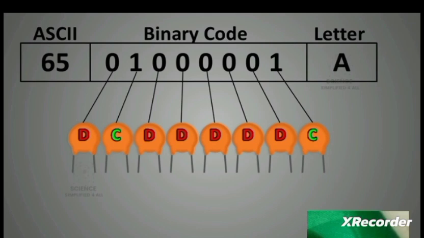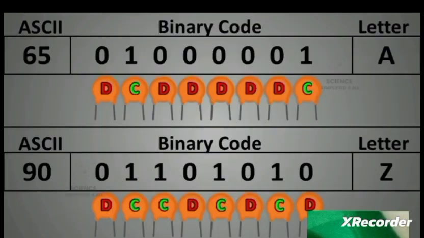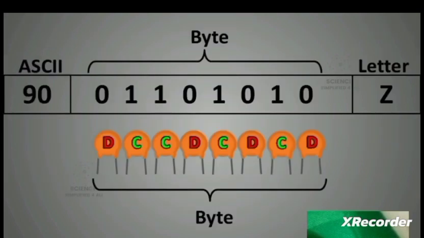That on and off state of the capacitors is what becomes the computer's version of the letter A. So, to represent a single character, 8 bits are required. That is, 8 capacitors. This set of 8 bits is what we call a byte. One character equals 1 byte of memory.